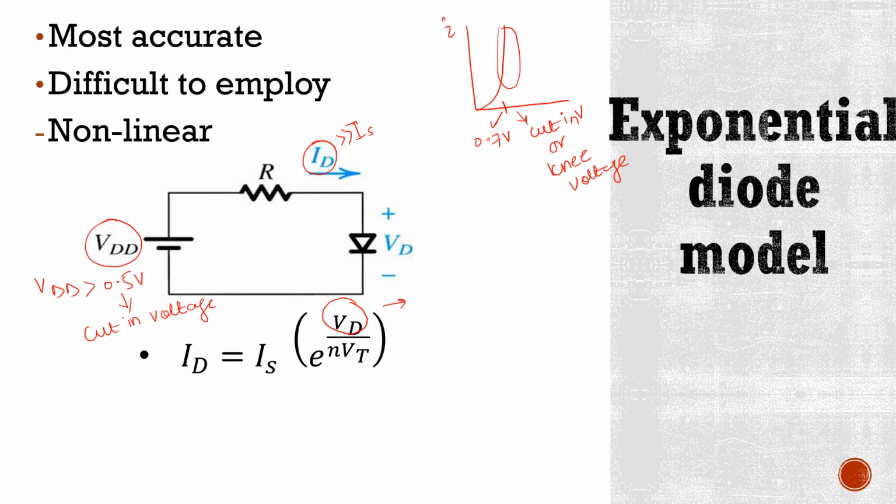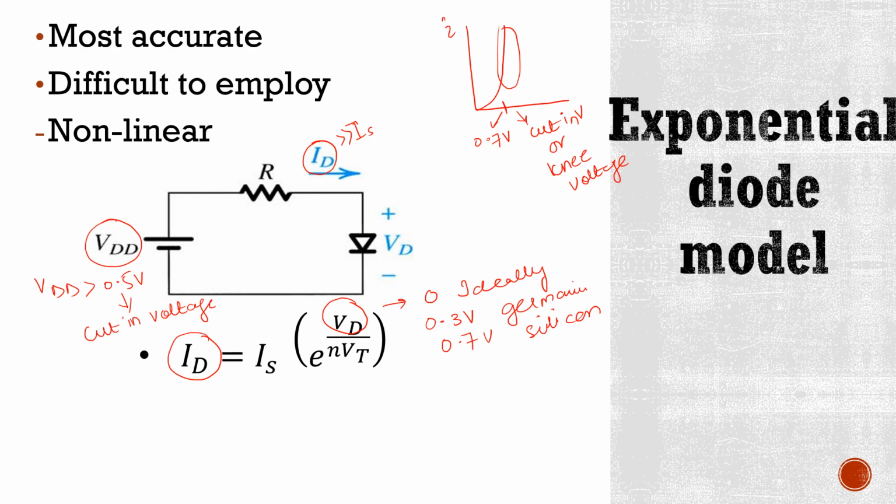Ideally, this VD is 0, but in practical cases, it is 0.3 volts for germanium and 0.7 volts for silicon diodes. Now, this ID is current across diode.